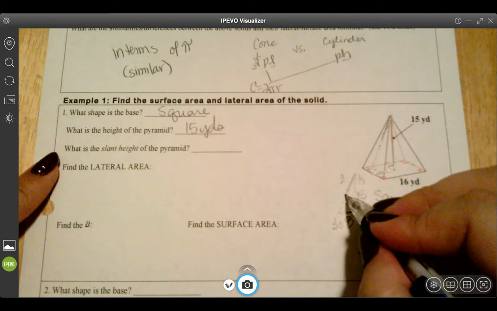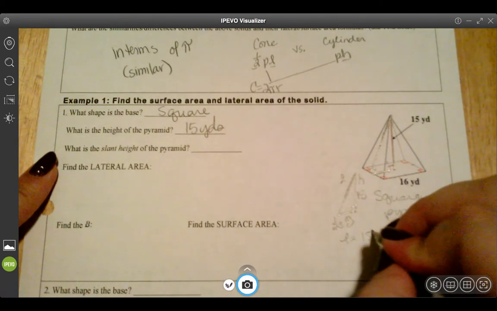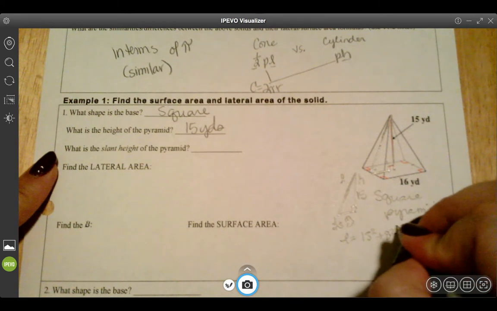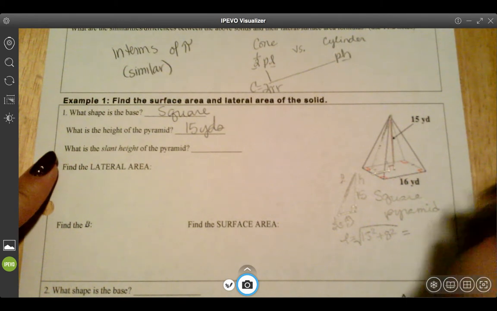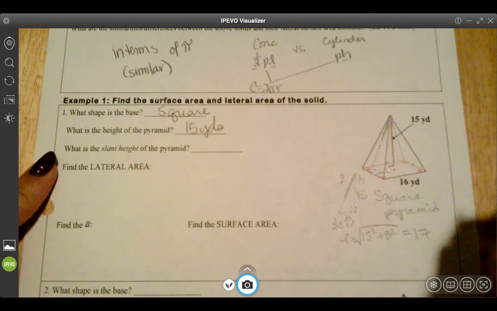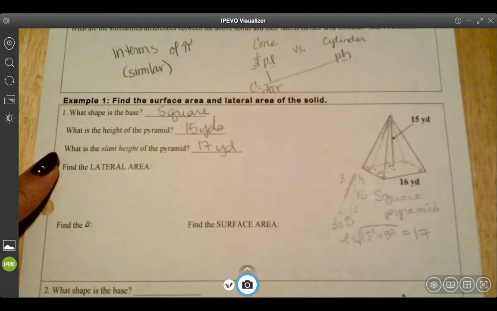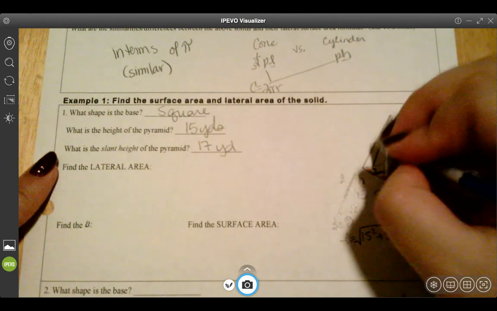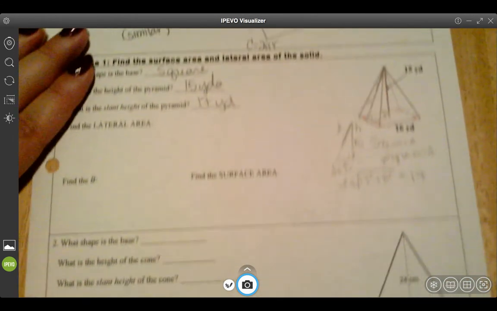In order to find L, I need to do 15 squared plus 8 squared equals L squared. So I'll take the square root of those, put that into the calculator, and you should get 17. So the slant height is 17 yards. Just by using the Pythagorean theorem, we can get that.